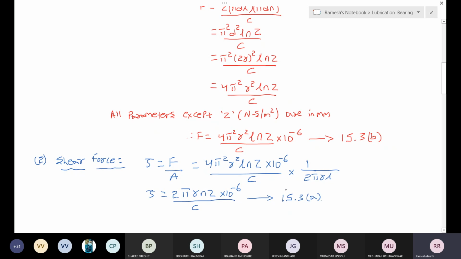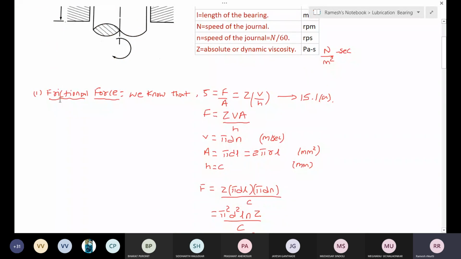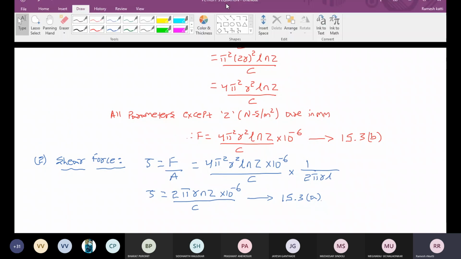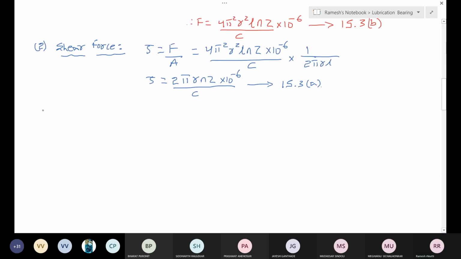And the last thing is to find out the torque. You have calculated the frictional force and shear force. The last one is the torque on the journal bearing. Therefore, the third one is torque, and we know that torque is nothing but frictional force into the radius of the shaft.